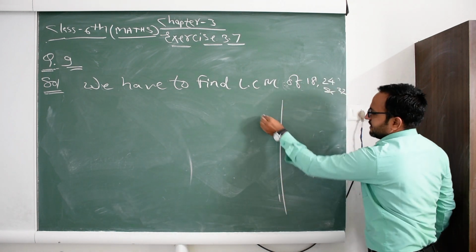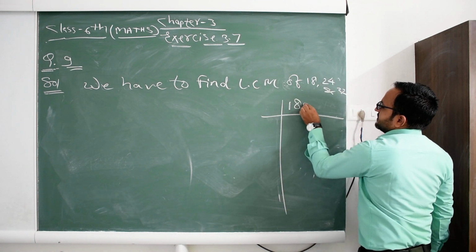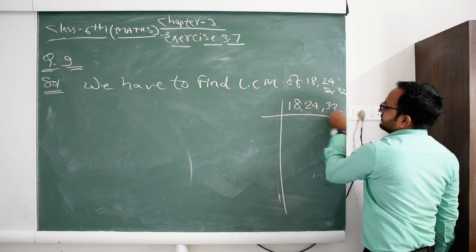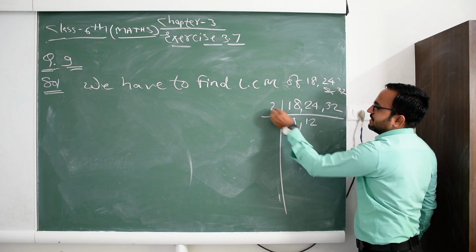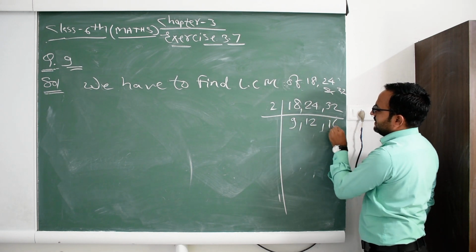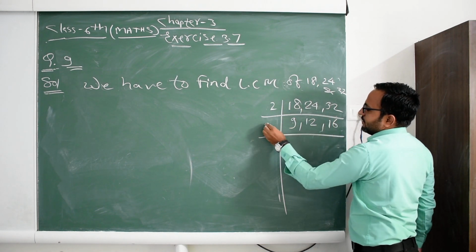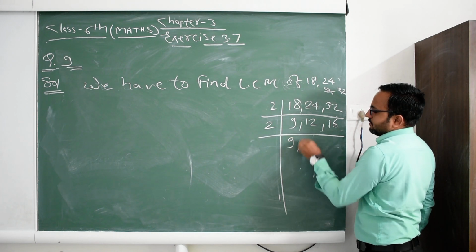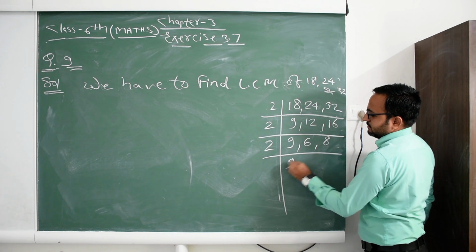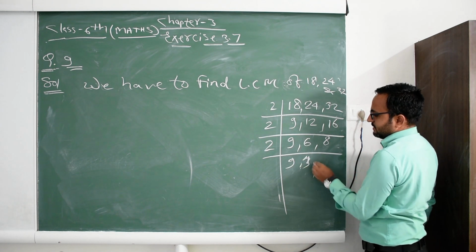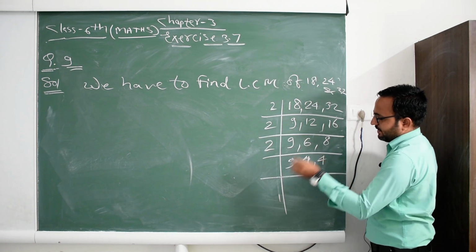So first we find the LCM. So by 2, 9 2s are 18, 12 2s are 24 and 16 2s are 32. Again by 2, 6 2s are 12, 8 2s are 16, 3 2s are 6 and 4 2s are 8.